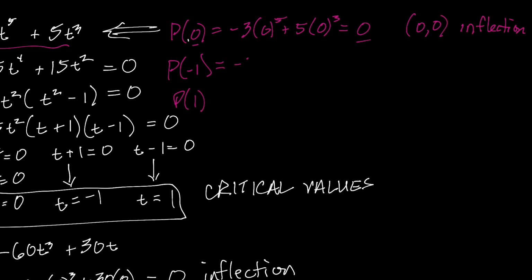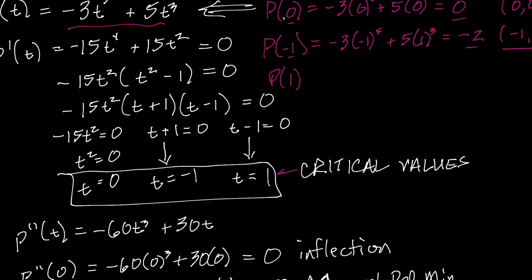And then we're going to have negative 3 times negative 1 to the 5th power plus 5 times negative 1 cubed equals. So that's going to give me a 3 minus 5, or negative 2. So that means that negative 1, negative 2 ends up being a relative min. That point, this is a critical point. These are critical values over here.